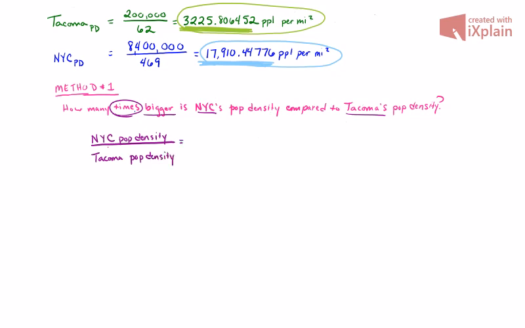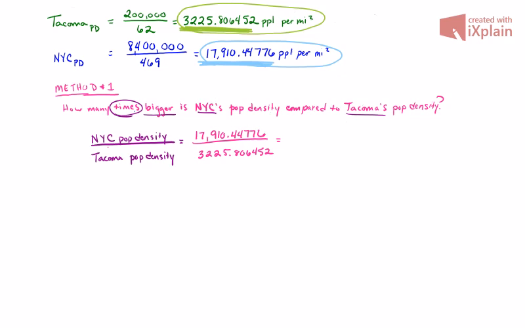Okay, so we have those numbers. We know New York's population density is 17,910.44776, and we know that Tacoma's population density is 3,225.806452. The benefit of using these full-blown numbers is that we are going to get a super accurate answer, which is great. It's going to make everything airtight.